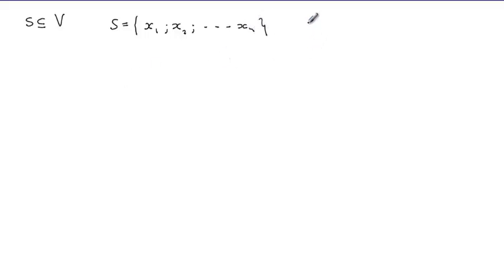And then let's say we've got a vector z, which is in V, such that z is equal to alpha 1 x1 plus alpha 2 x2 plus alpha n xn, where alpha i from 1 to n are scalars.